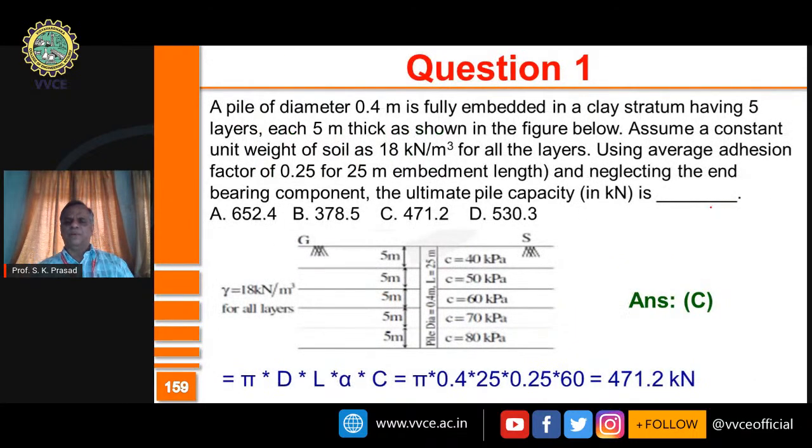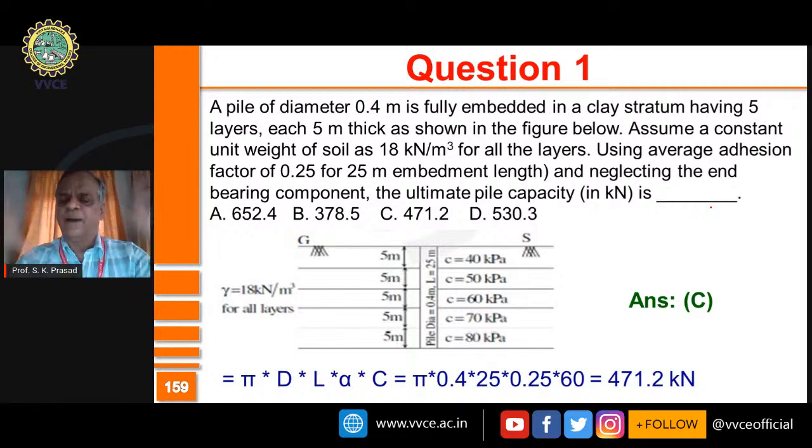So friends, you should remember, the load carrying capacity is determined by four methods: static capacity, dynamic capacity, pile load test, and also by other indirect tests like SPT or other penetration resistance tests.